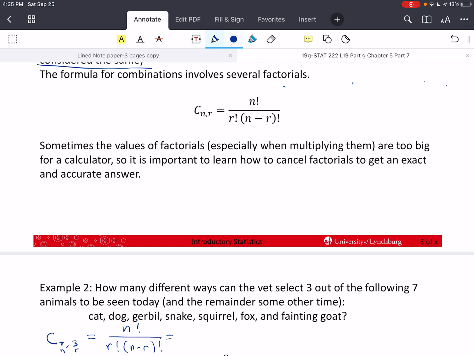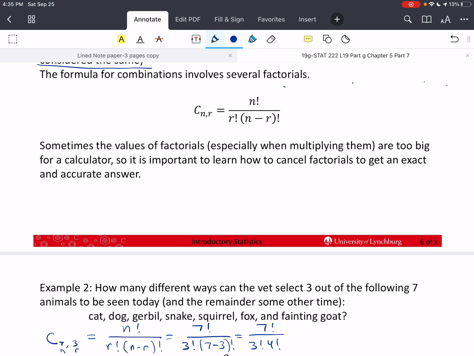Now I can fill in the values, and it's less likely that I'm going to make a mistake. So this is going to be 7 factorial over 3 factorial and 7 minus 3 factorial. This is 7 factorial, 3 factorial, 4 factorial. Notice that the two numbers on the bottom have to add up to the number on the top. Okay, that's always true.